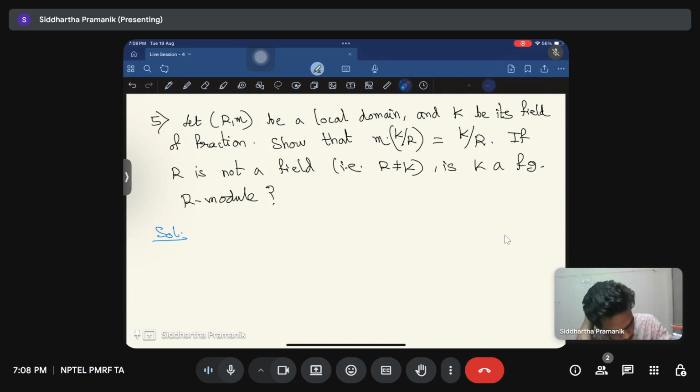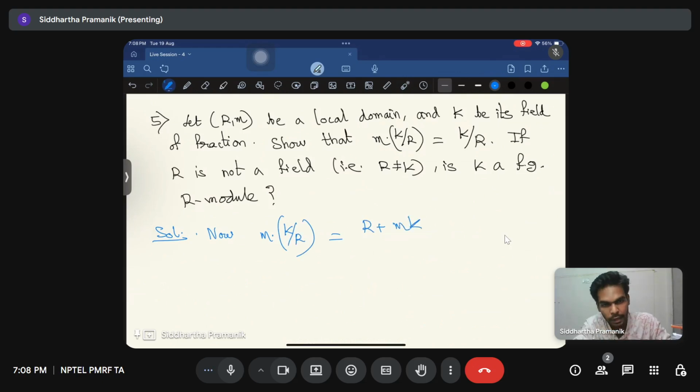So we need to prove that M times K mod R equals K mod R. So that is actually very easy. What is M times K mod R? So this is basically R plus MK.